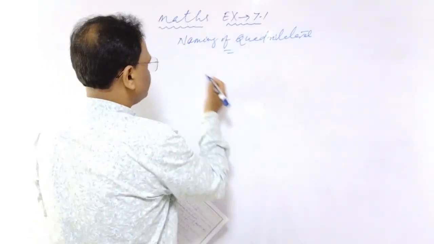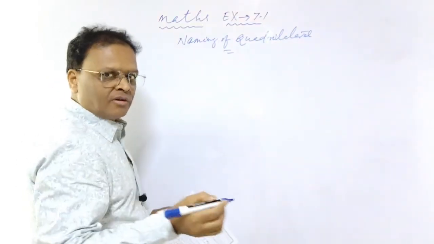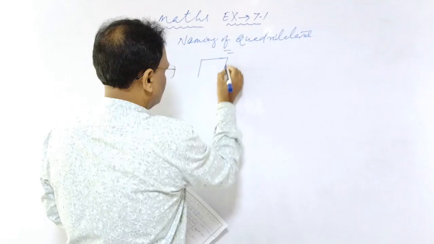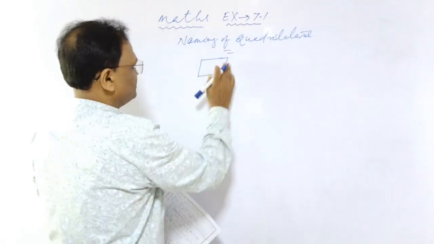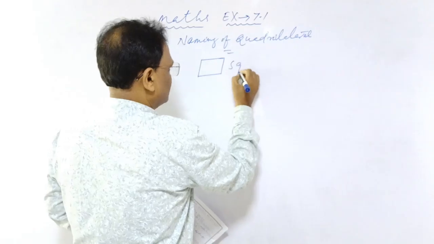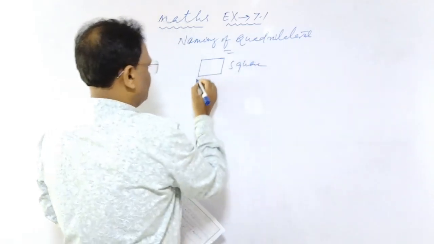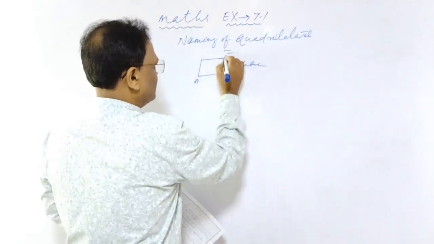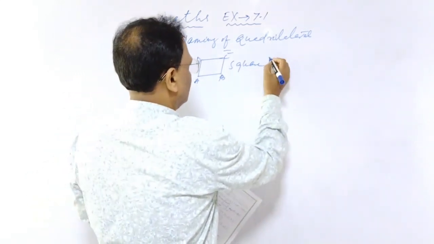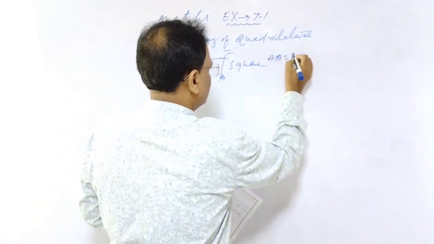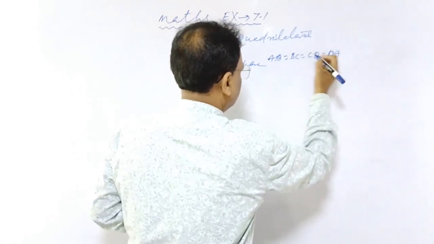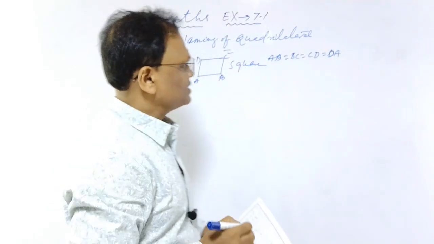For all, I am writing, first I am writing the square. What are the properties for the square? First, a square. This is a square. If A, B, C and D. In a square, AB must be equal to BC, must be equal to CD, must be equal to DA.